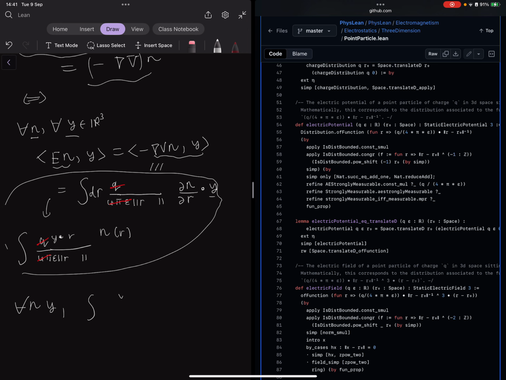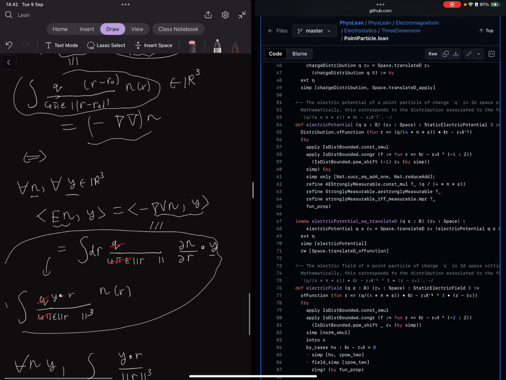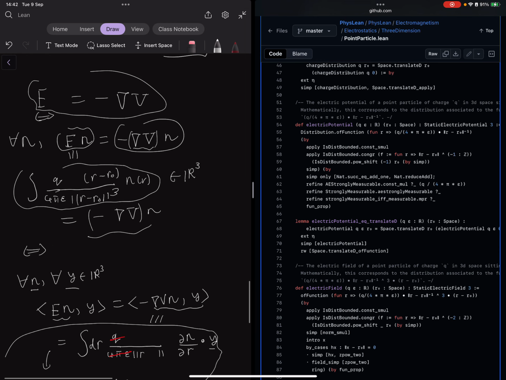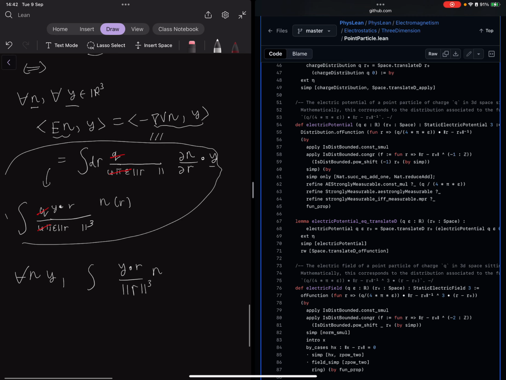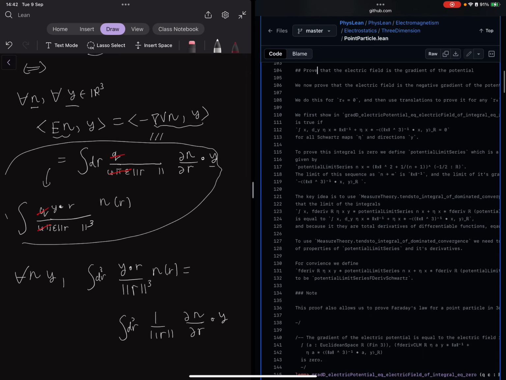So this is equal to y times r over r cubed, there's a cubed here, I apologize, times eta r, and we need that to equal the integral over all r, so both these integrals are over all r, where r is a vector here, so this is really d3r, times d eta dr dy.